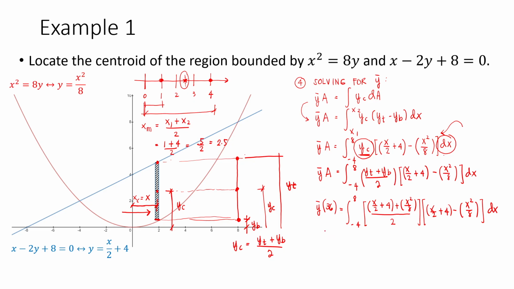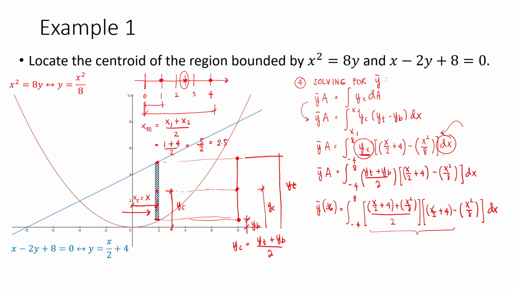Again, you have to solve first the right hand side of the equation. I just did it in this manner so that you can understand how to solve for y sub c, but you can simplify the equation even further.